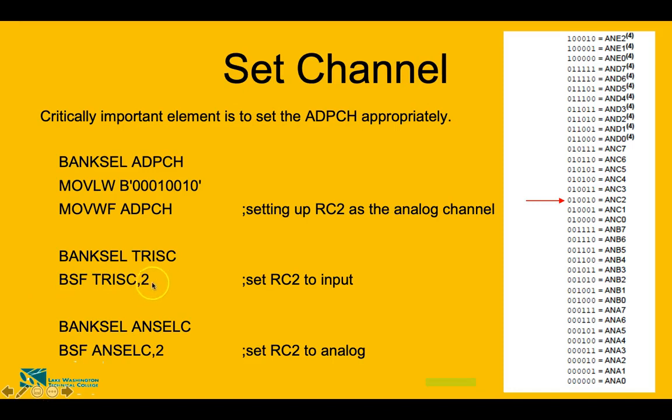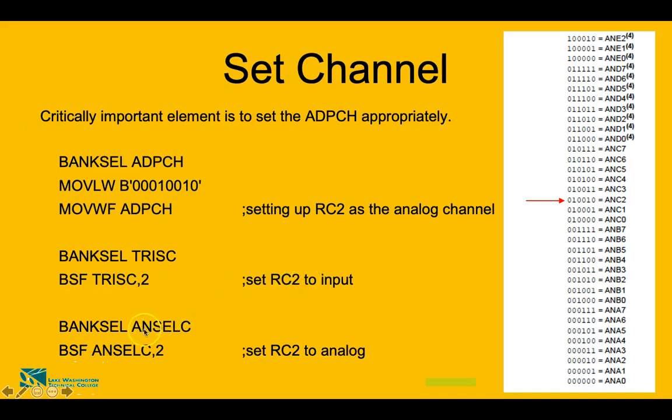So this 2 will tell on which bit you want to set it up, and we want to set it up at the second bit. That's why we have used BSF. And if you want to use the longer version of the method, you can use something like this. You can provide some literal number and then move W to F, where you can put TRISC. So either you can use this or use that, or you can use any other instruction to tell your microcontroller that you want to set RC2 as your input.